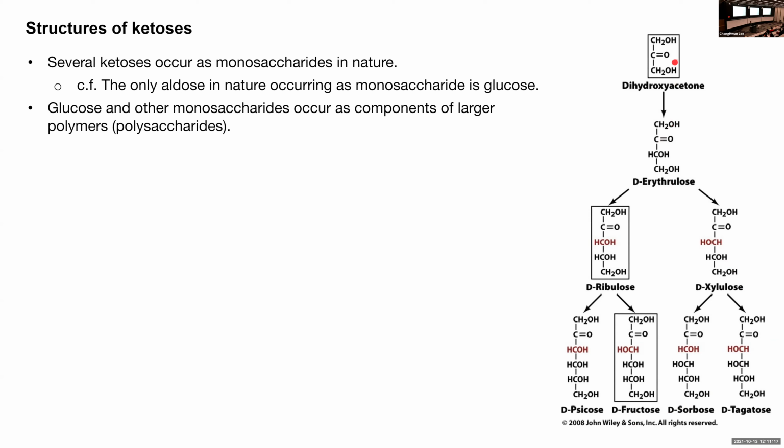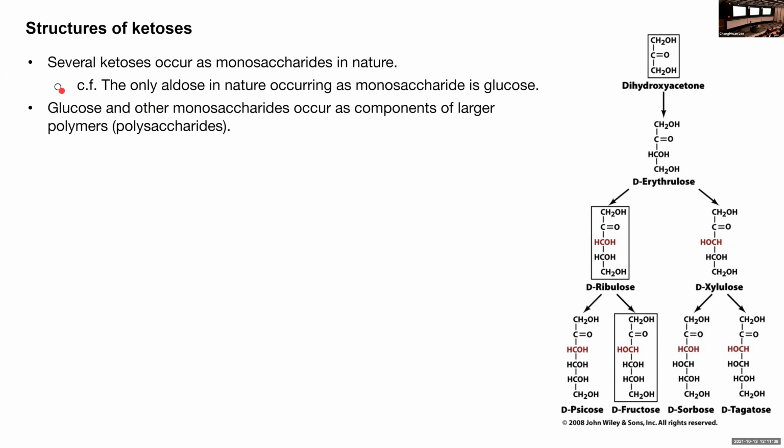It starts with dihydroxyacetone, which has the ketone right in the middle, and then you can add this HCOH moiety one at a time to make bigger molecules. And you can see that some of them are epimers like that.